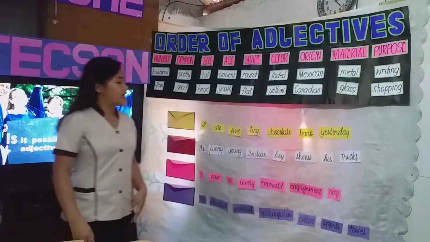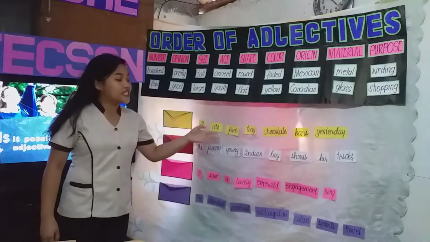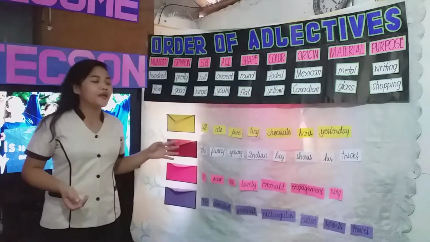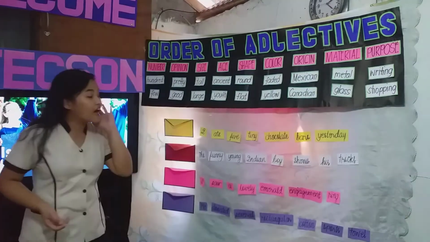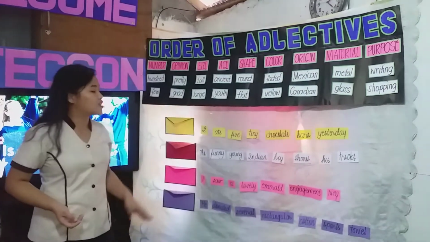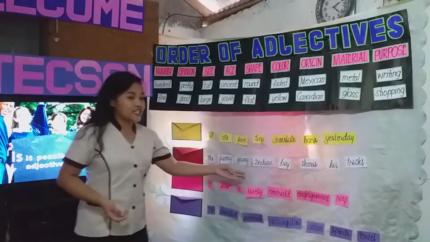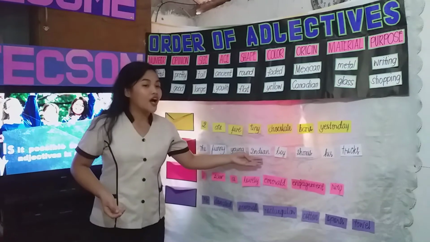Very good. Next, from the group 2, the funny young Indian boy shows his tricks. Very good. So, how many adjectives we have here? Okay, very good. We have another 3 adjectives. Funny for opinion, young is for age, and Indian for origin.